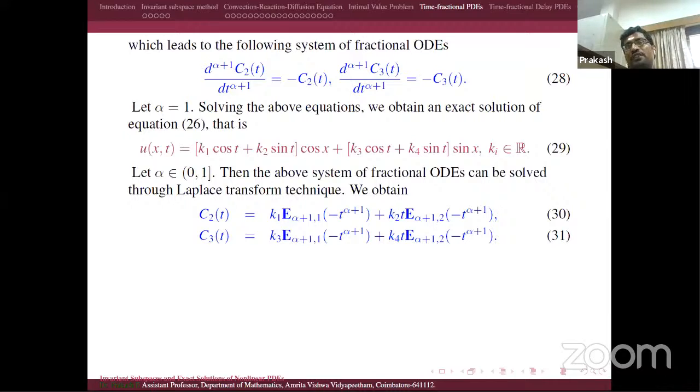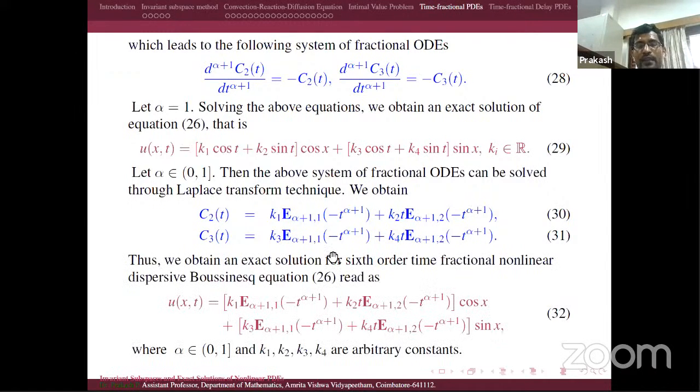Here, the Mittag-Leffler function naturally occurs as the solution of the fractional differential equation. Then we can write the exact solution of the sixth order time fractional nonlinear dispersive Boussinesq equation in this form. This solution is valid for all alpha belonging to (0, 1). Note that for alpha equal to 1, equation 32 is exactly the same as the integer case.